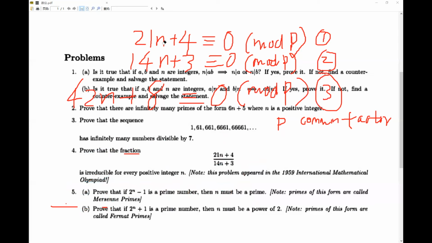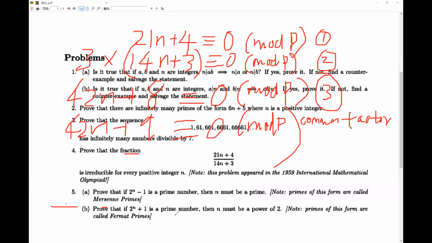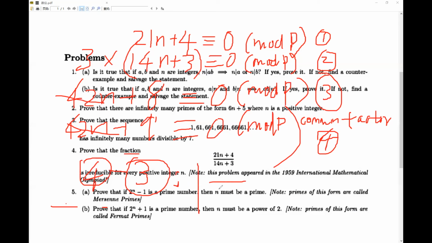For equation 2, this one times 3. So it becomes 42n plus 9 equal to 0 mod P. Now, this is 4, then we use 4 minus 3. The 42n cancels, and it becomes 9 minus 8, which is 1. The left-hand side is 1, the right-hand side is 0.